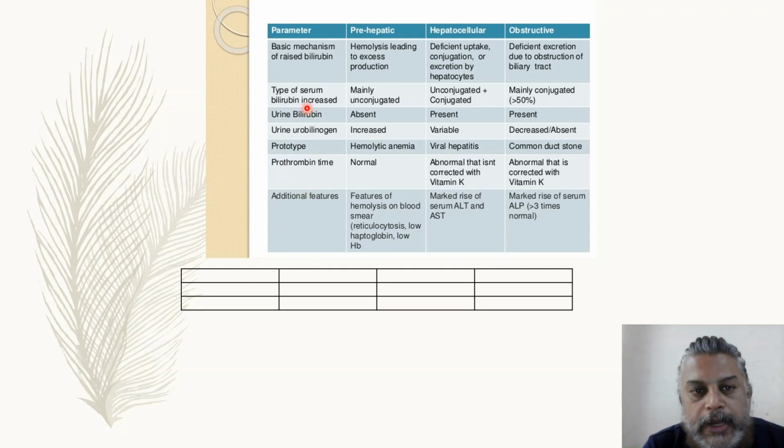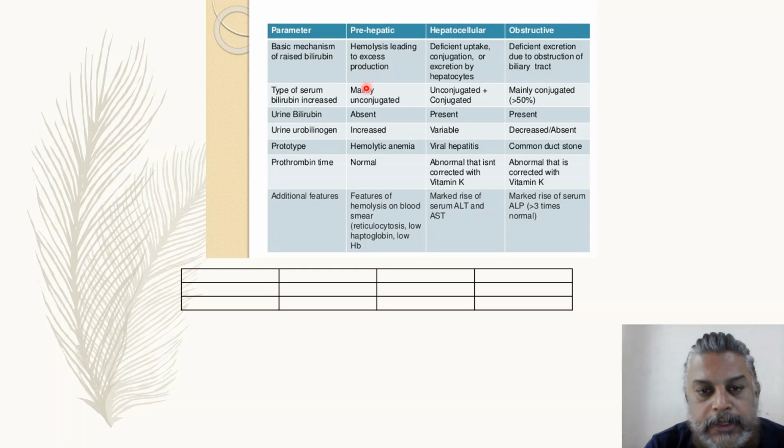If we classify liver disease into prehepatic, hepatic, or post-hepatic, that is obstructive, the basic mechanism of raised bilirubin in prehepatic is increased hemolysis, and it is usually unconjugated.